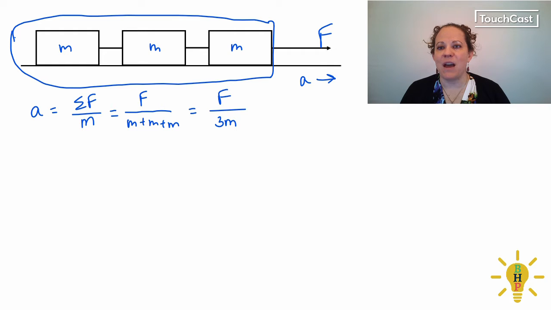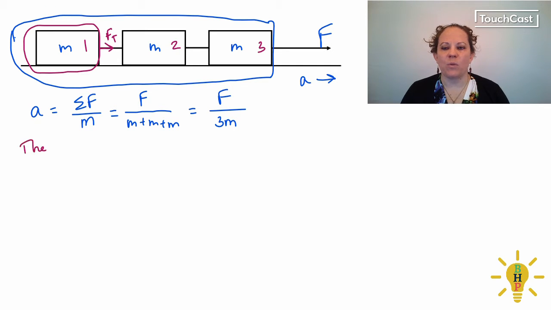So now, to find the tension between boxes, I should have labeled them 1, 2, and 3. Let's find the tension here in between boxes 1 and 2. We're going to consider the fact that that rope is accelerating only block 1.